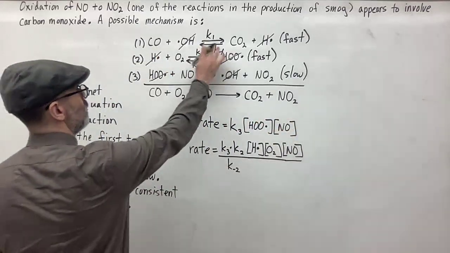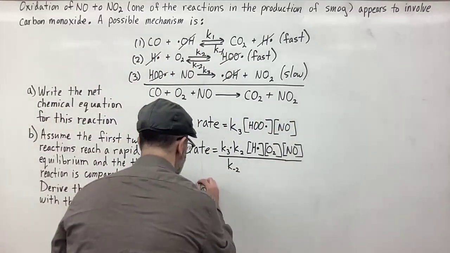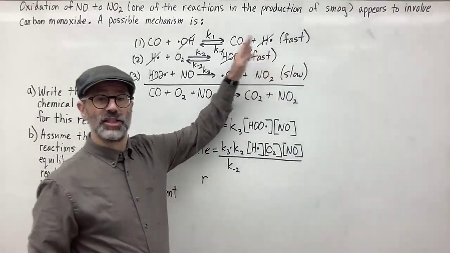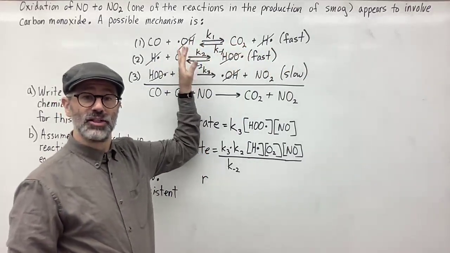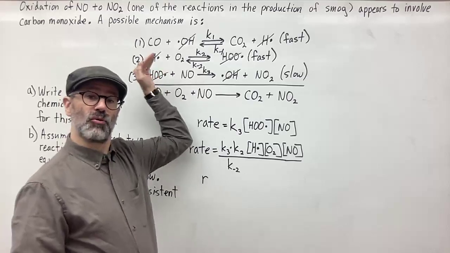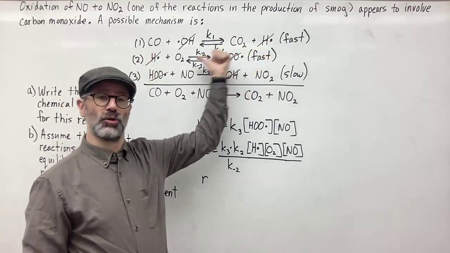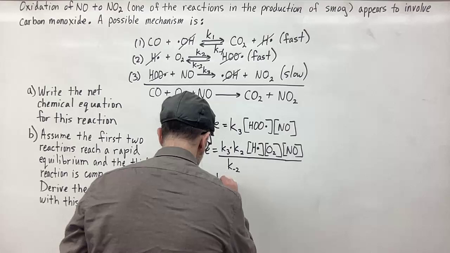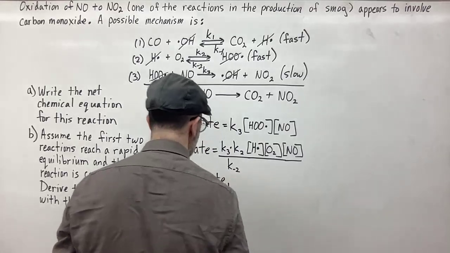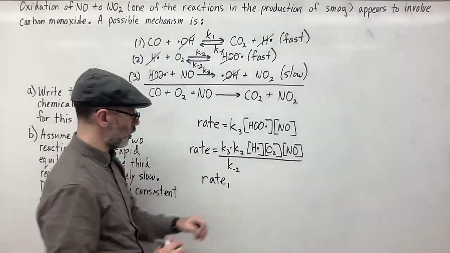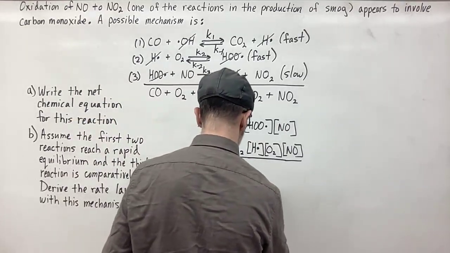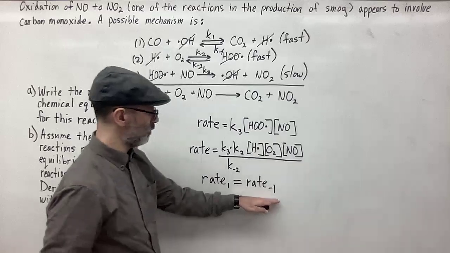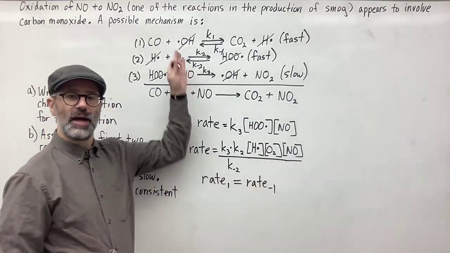So using the first reaction, again, since this is fast, it's going to reach equilibrium again. So this is in equilibrium, which means the rate of the forward reaction is equal to the rate of the reverse. So writing that out, rate of reaction 1 forward is equal to the rate of the reverse reaction of the first step here.